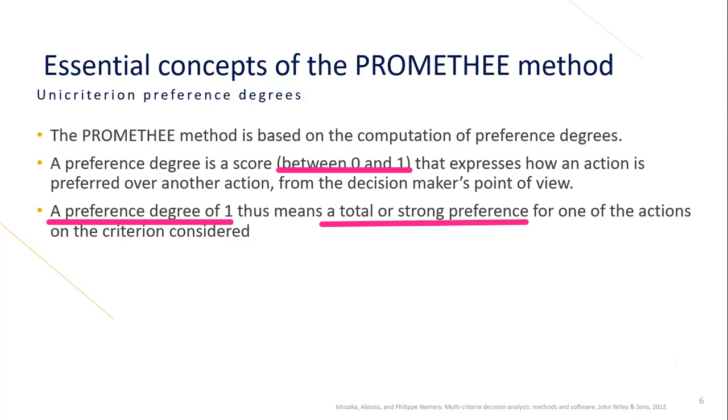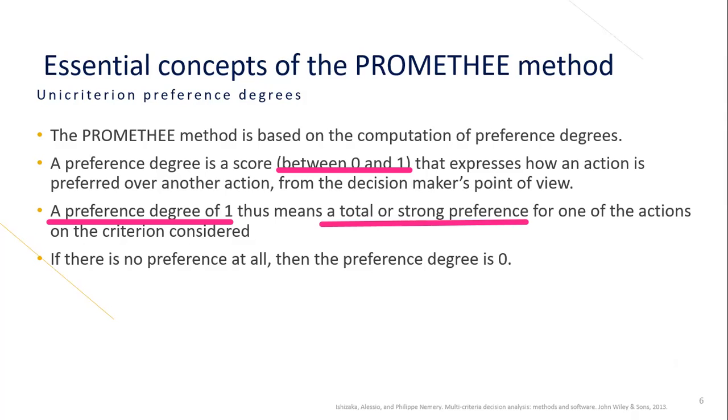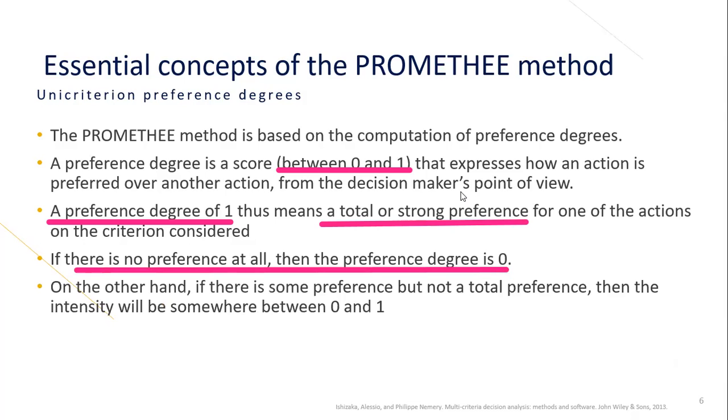And if you don't have a preference for this one, you give the value of 0. What about if you have a preference, but not a total preference, not a very, very strong preference? Then you give a number between 0 and 1. That's why the score is from 0 to 1.